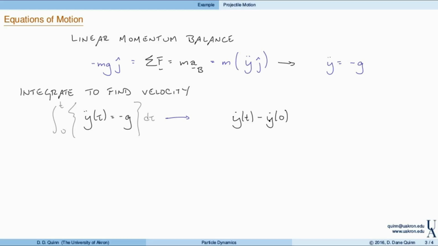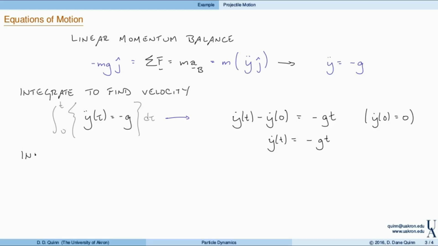So again, this is the integral of the left-hand side because the second derivative of y is the derivative of y dot. So we have the integral of the derivative. And then the right-hand side reduces to g times t. Now, because the ball is released from rest, the initial speed in the vertical direction, so that's y dot, was equal to 0. Therefore, y dot, as a function of time, is simply minus g times t.